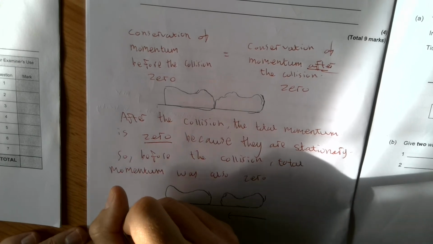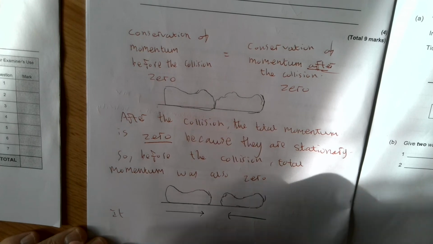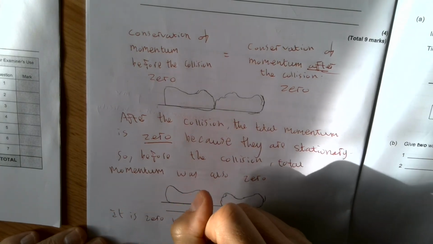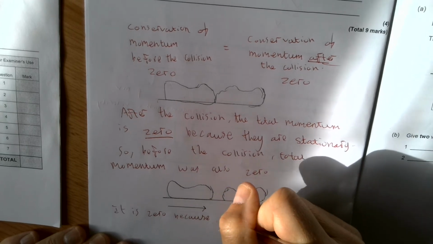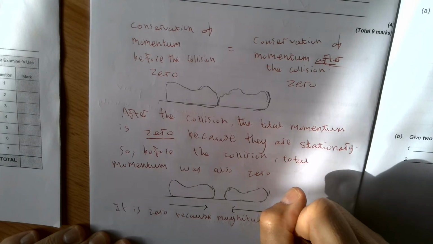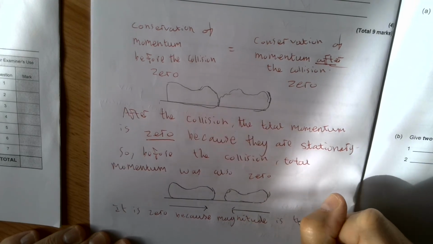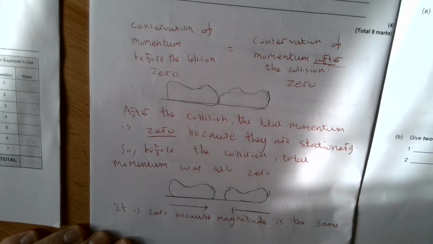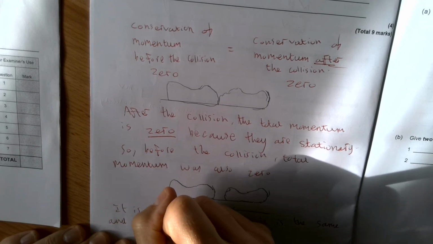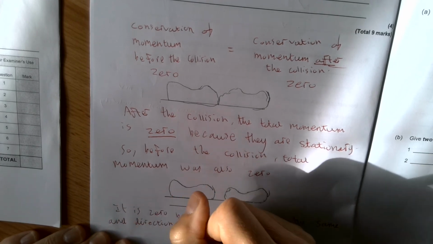So to finish off, we can say it is 0 because the magnitude is the same. That's the same size, because the magnitude is demonstrated by the arrow, and the direction is opposite.